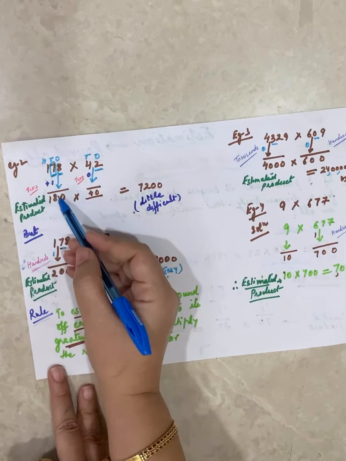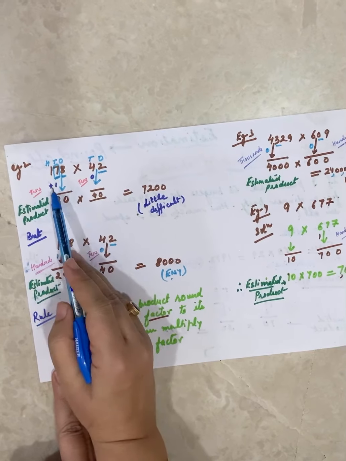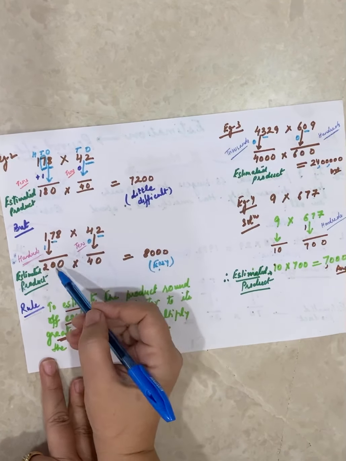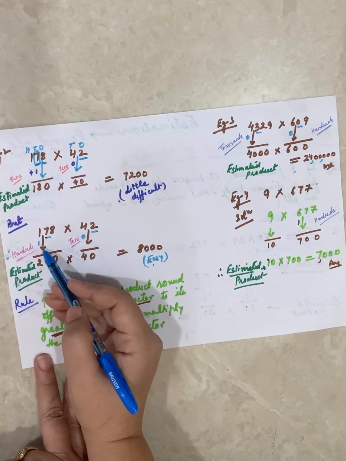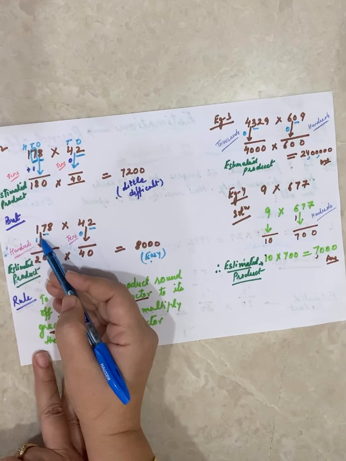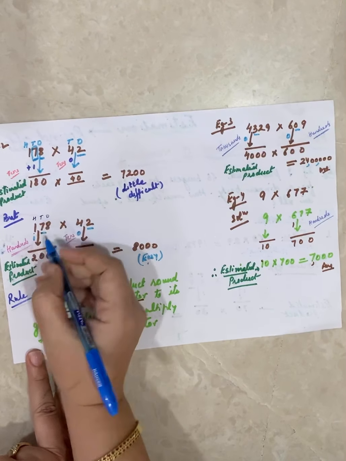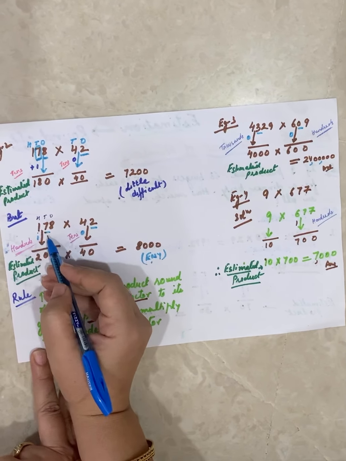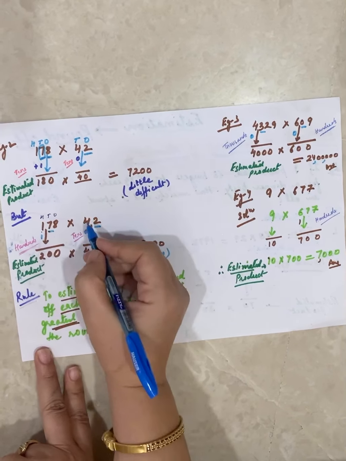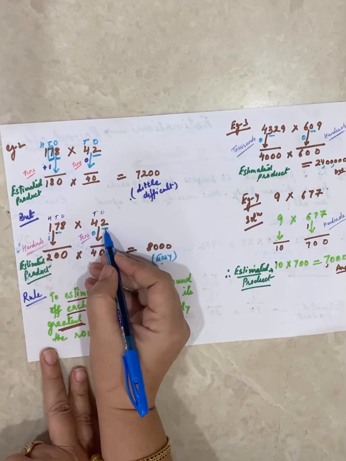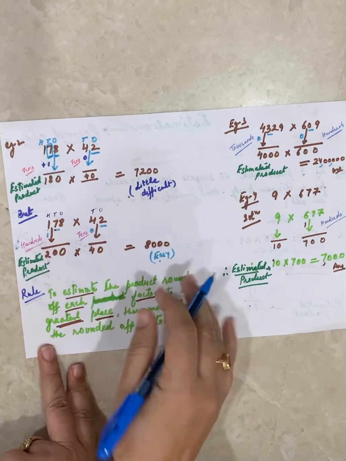So what is the difference between the two? Here I rounded off both numbers to the nearest tens, but in this example I rounded off 178 to its highest place. Here it is a 3-digit number, so I rounded off the given number to the nearest 100, and here I rounded off the given number to its highest place, which is tens.